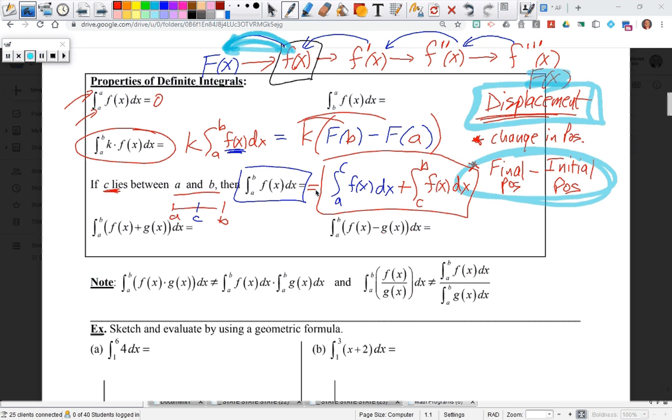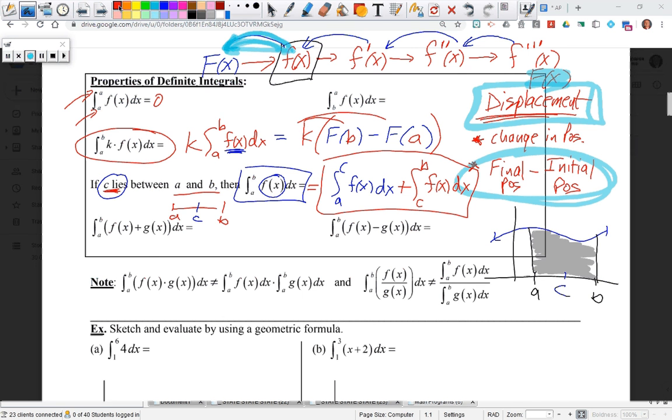I integrated, and now look, some people see it fast, some people don't. If this is f of x, and I know that from A to B is a certain area. Sorry, the computer's slower than our math. All he did was he knows that this C lies in between and he broke it up into two intervals.